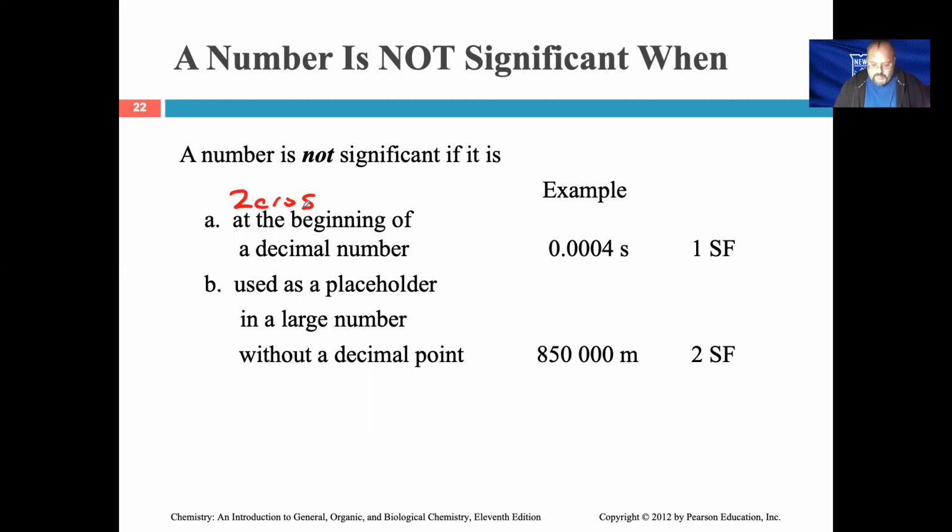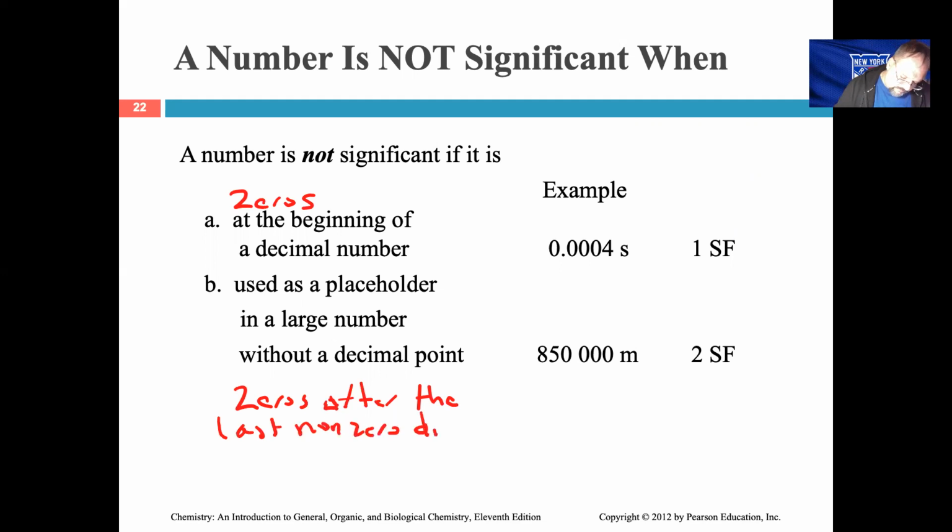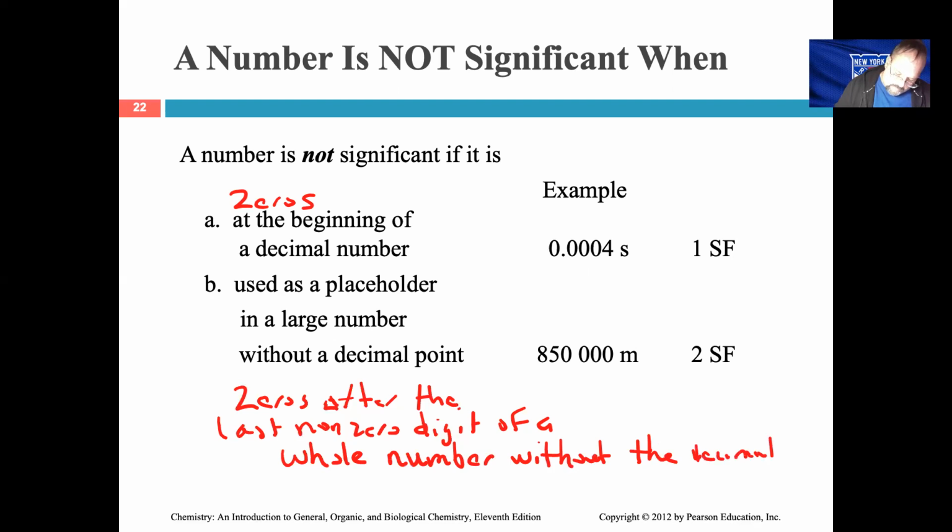Letter B, used as a placeholder in a large number without a decimal point. Basically, that's saying that you have zeros after the last non-zero digit of a whole number without the decimal point.